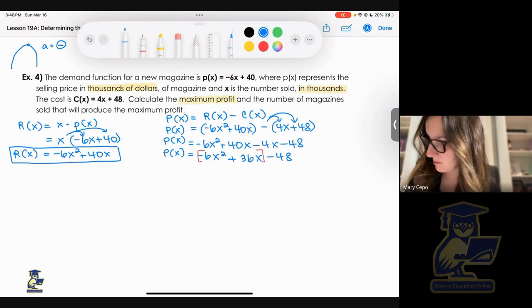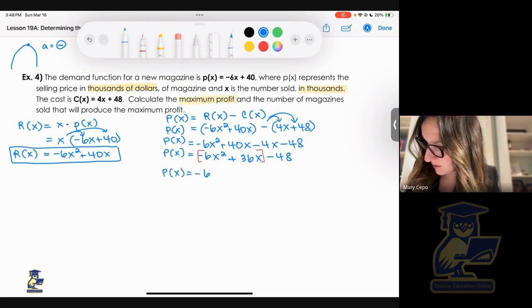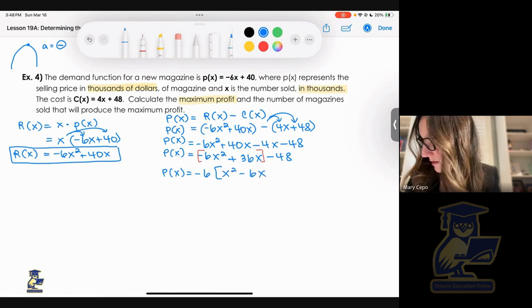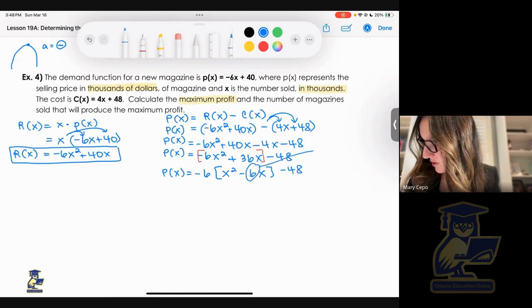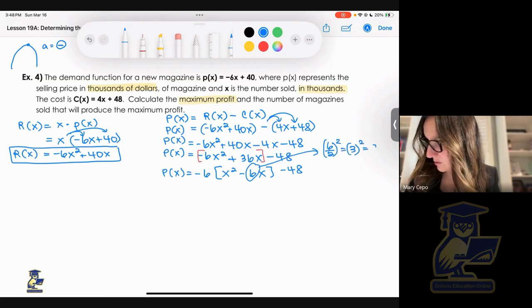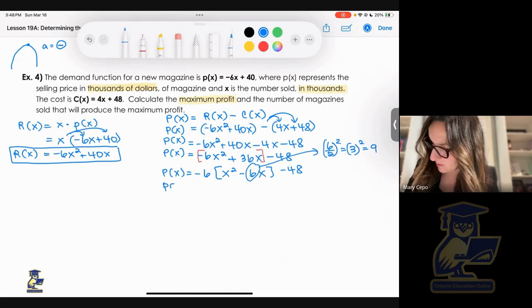So with that in mind, the profit function is equal to, we factor out that negative 6. We're left with x squared minus 6x. We're going to take the coefficient in front of x, divide it by 2, and square it. 3 squared is equal to 9. So it is equal to negative 6 times x squared minus 6x.